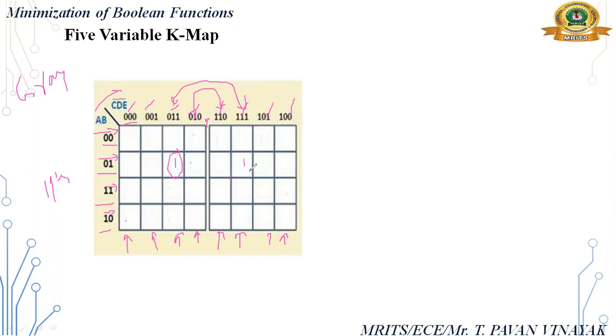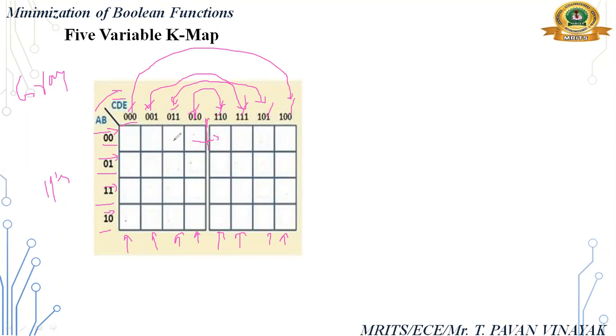Suppose a one is available here; these two are not reflective, so don't consider this as a pair. Check whether the columns are reflective or not. Again, these two columns are reflective, and the last and first columns are reflective. That is why we give a small gap: this column reflects this one, like a mirror.